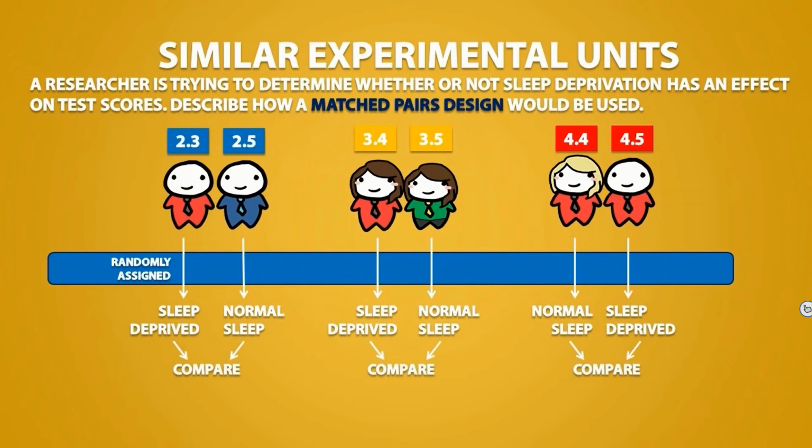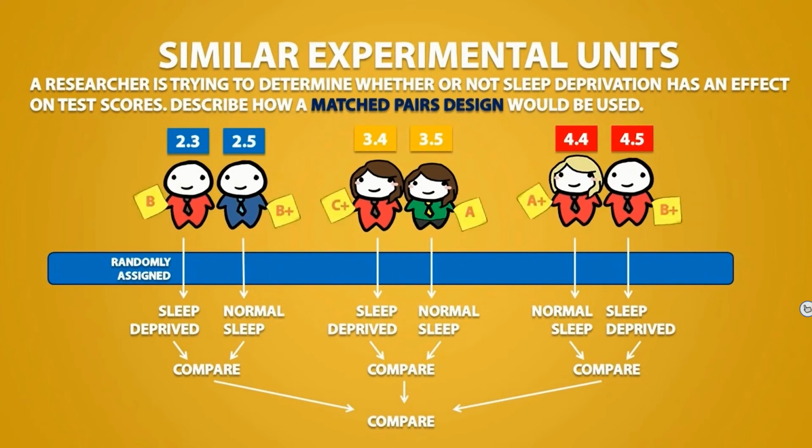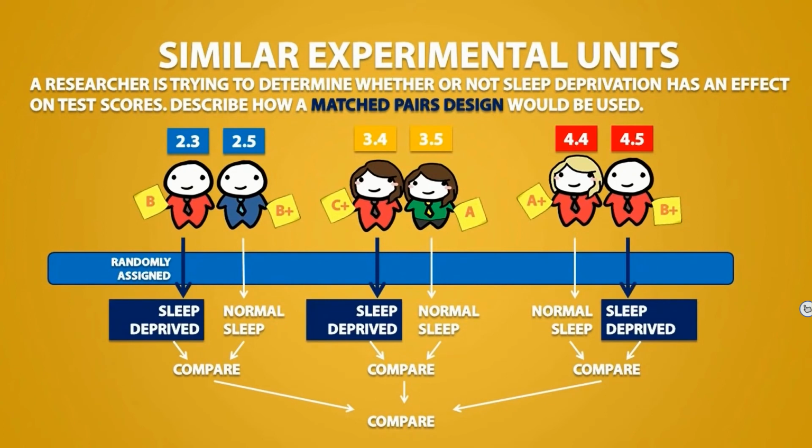Then, we would compare the results for each pair, and we will also compare all of the results. So for example, if we saw that the sleep-deprived people were consistently getting lower test scores than the people who got a regular amount of sleep, then we can say that sleep deprivation was actually the cause for a bad test score. So let's quickly recap.